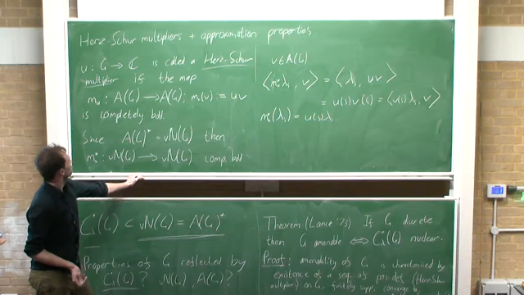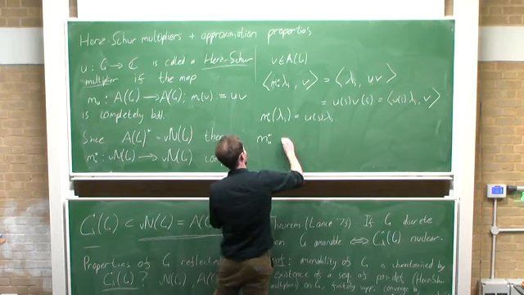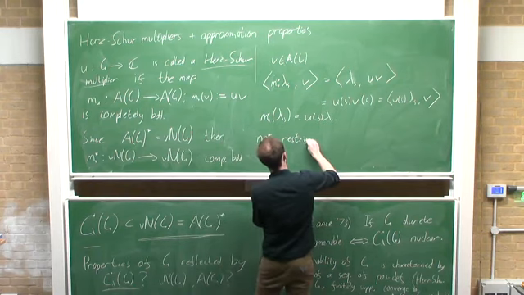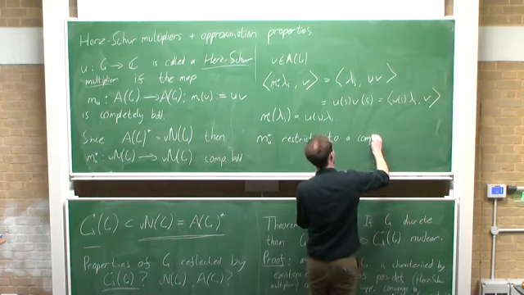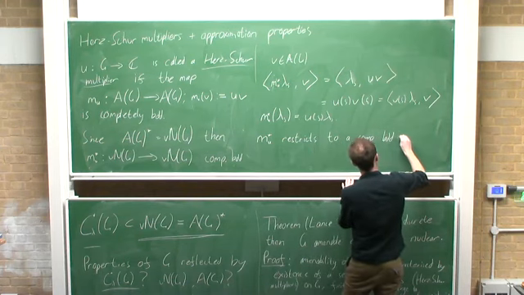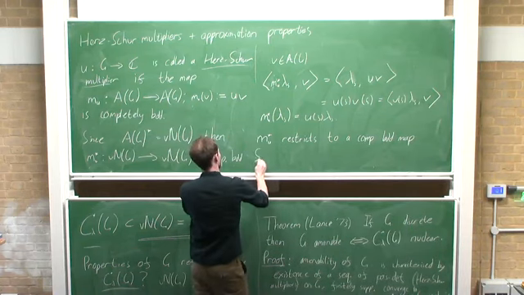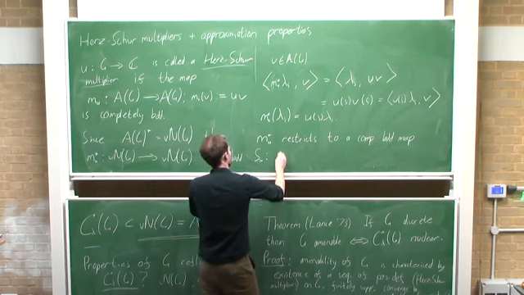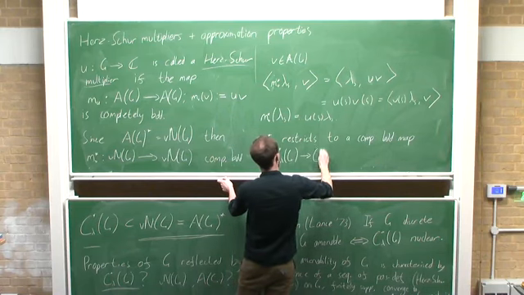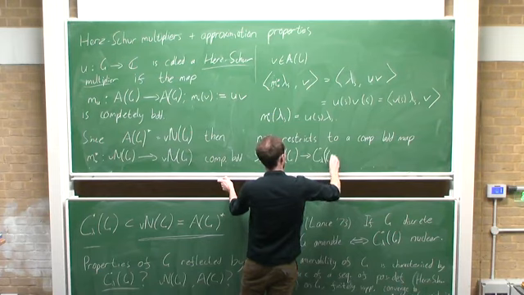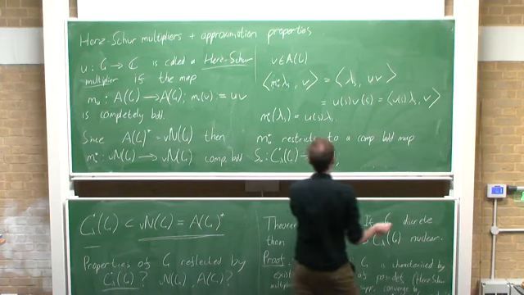So now then, mu star restricts to a completely bounded map, which I'll write S sub u, on the reduced C-star algebra, and it acts in the same way.